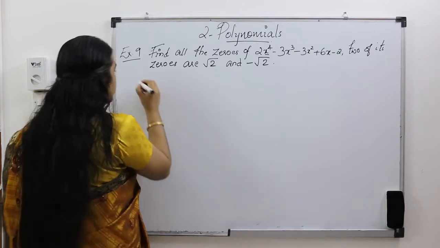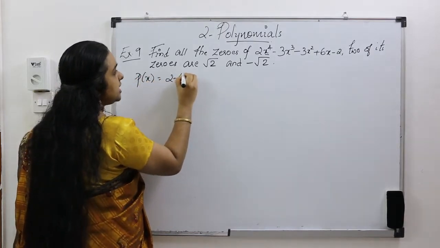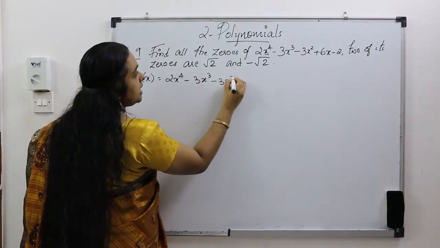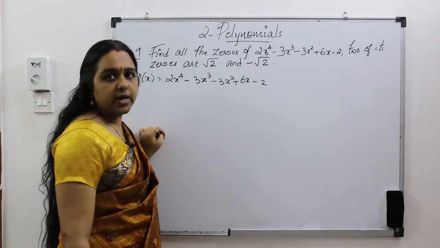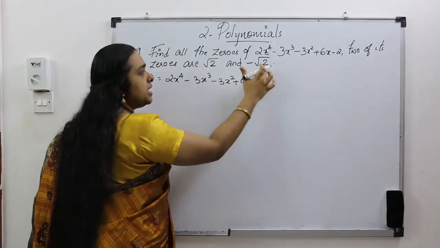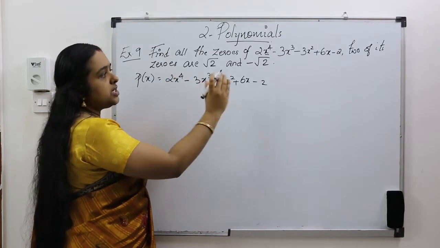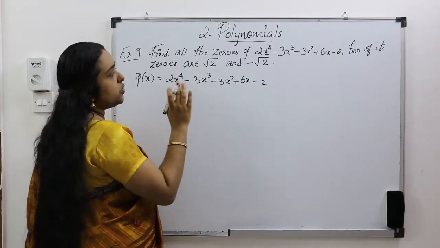Okay, so our p of x is equal to 2x raised to 4 minus 3x cubed minus 3x squared plus 6x minus 2. Then two zeros are root 2 and minus root 2. First thing we have to do is write all the information which is given in our question. So two zeros are root 2 and minus root 2.